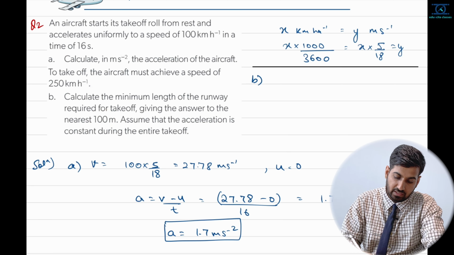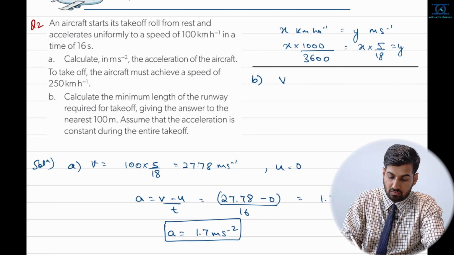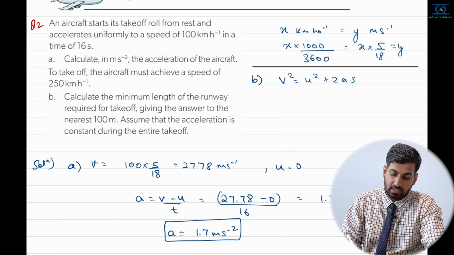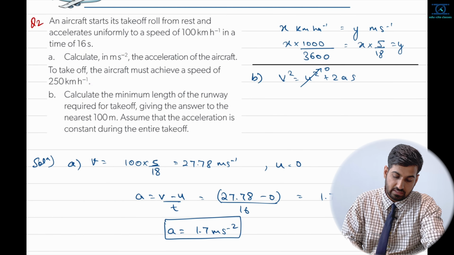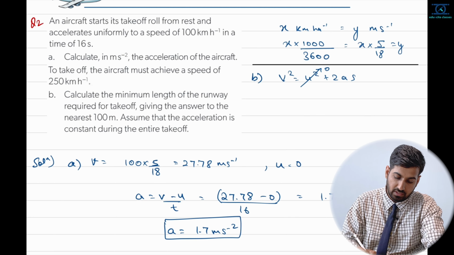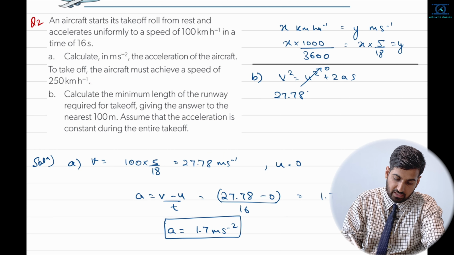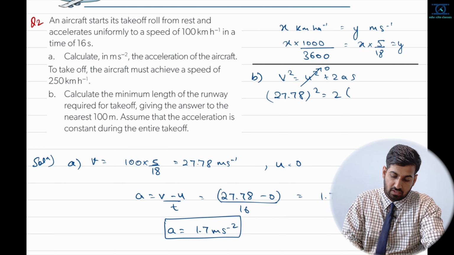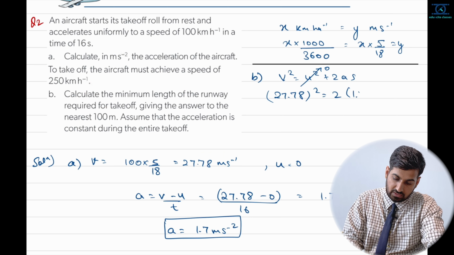So for the minimum length required, we can use v square equals u square plus 2as, right? The initial velocity is 0, and s we have to find out. The final velocity we have already converted. So this will be 27.78 square equals 2 times acceleration, 1.736, times s.